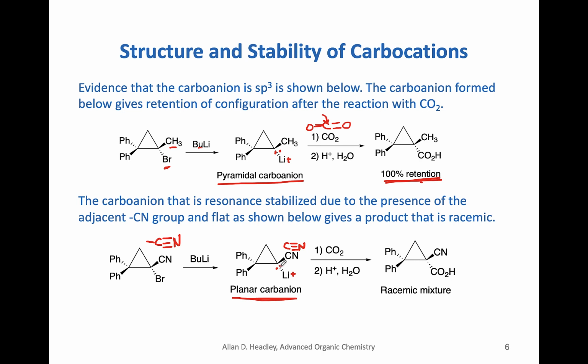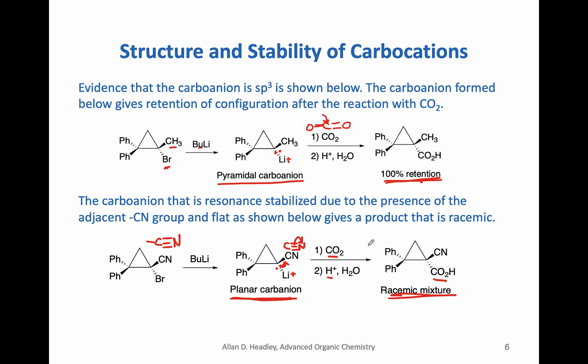Let's see if we can draw this out, and these electrons come onto the nitrogen. So you can see delocalization right here, which means that it's flat or planar. Same reaction with carbon dioxide followed by hydrolysis gives us a racemic mixture, which means retention 50% and inversion the other 50%.